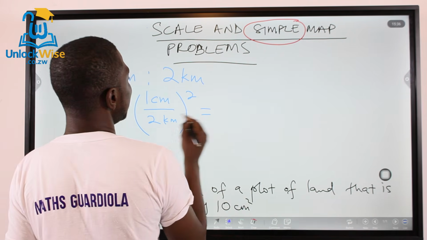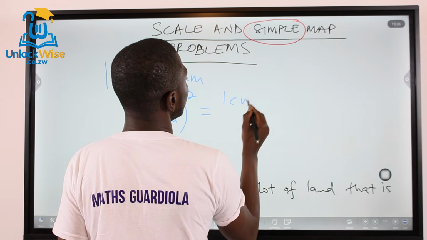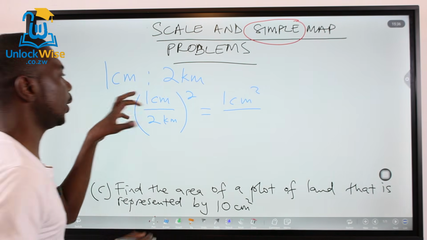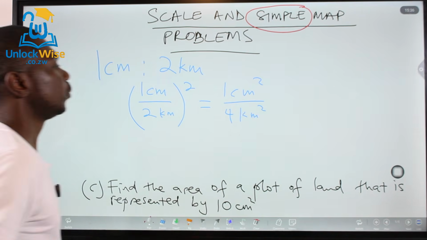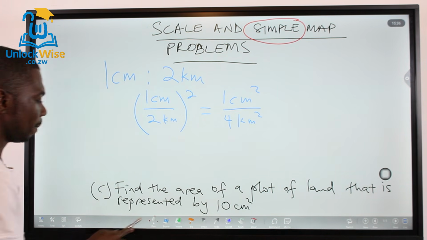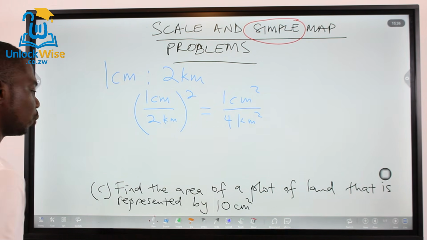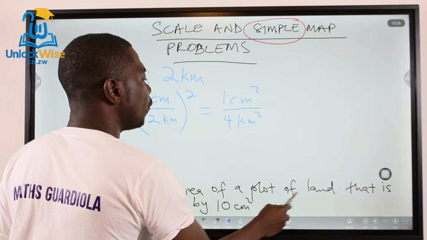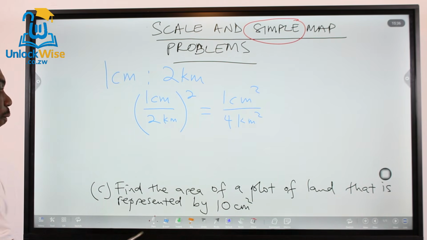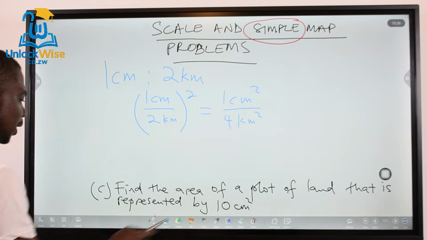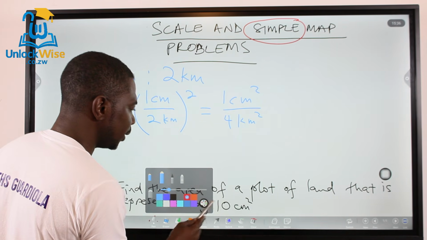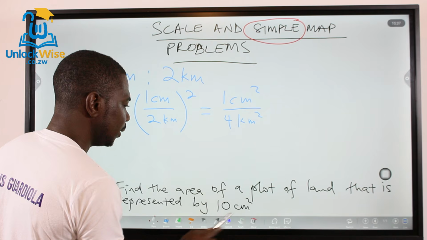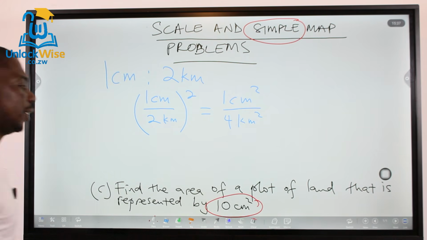So 1 centimeter times 1 centimeter will get 1 square centimeter, and 2 kilometers times 2 kilometers will get 4 square kilometers. So we have been given that we want the area of the plot on the land that is represented by 10 square centimeters.